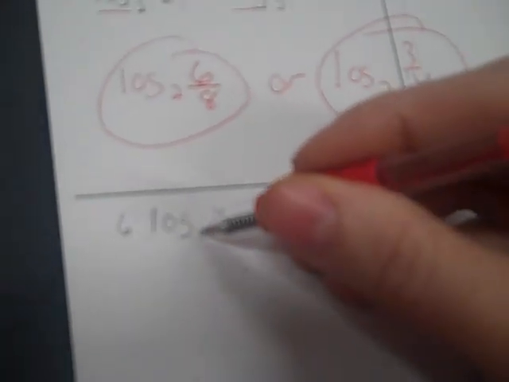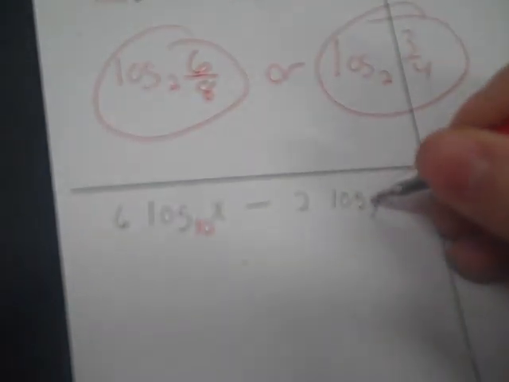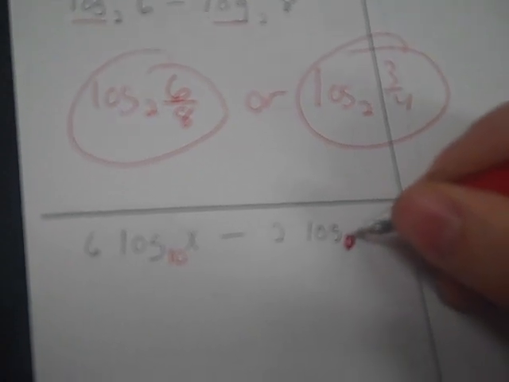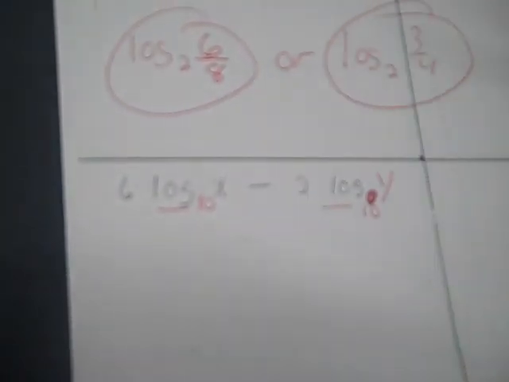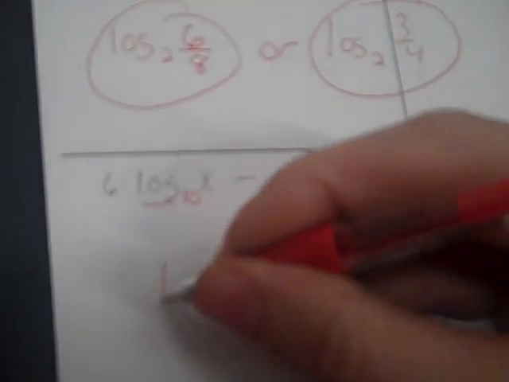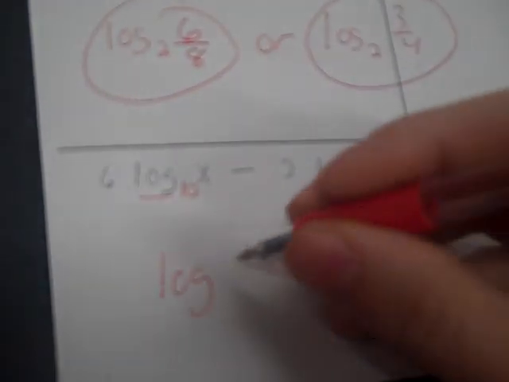Okay, now my next one. Remember, if I don't see the base number, it's automatically a base 10. By the way, this y I wrote really screwed up. That y should be bigger. The base is 10. Okay, so I have two logs. My job is to condense this so there's only one singular logarithm. Okay, so log base 10.